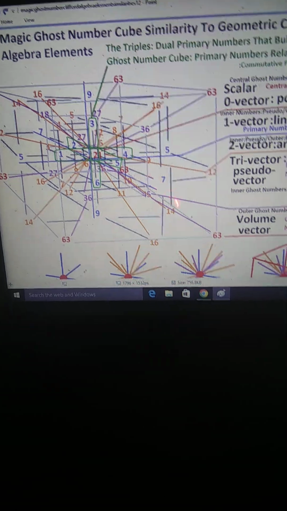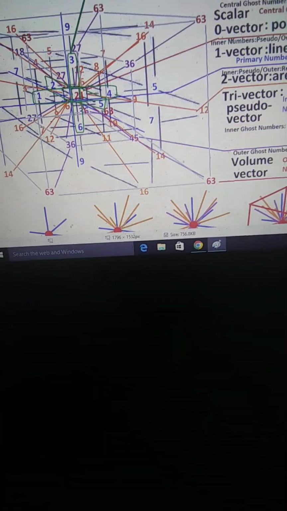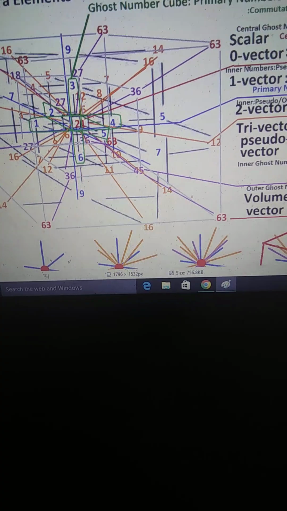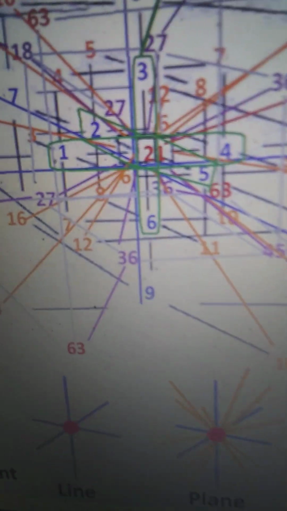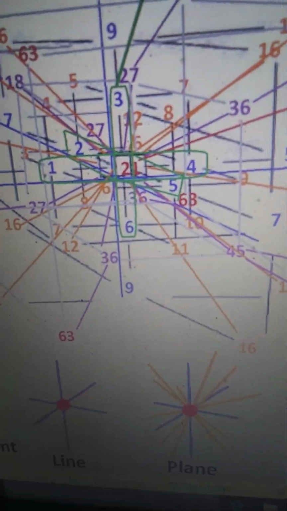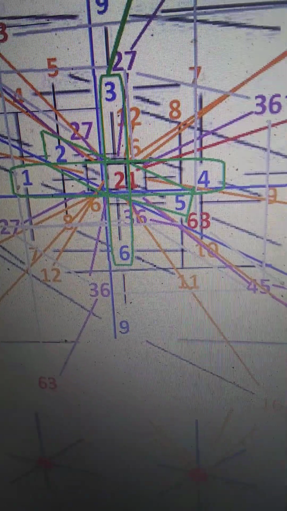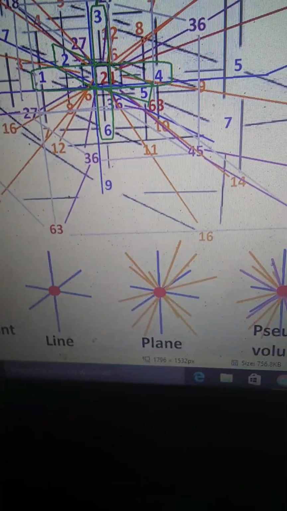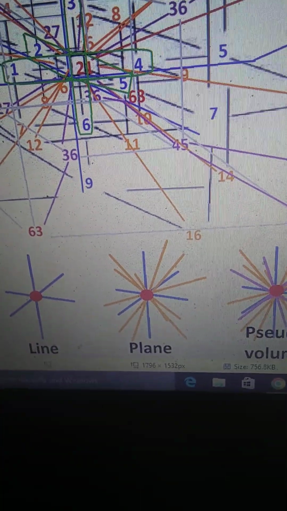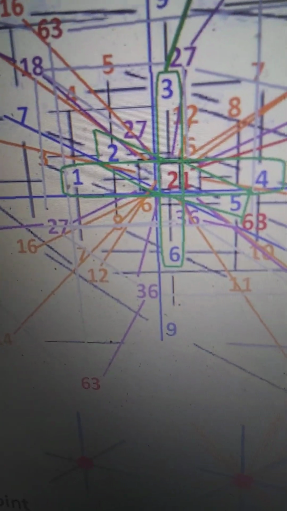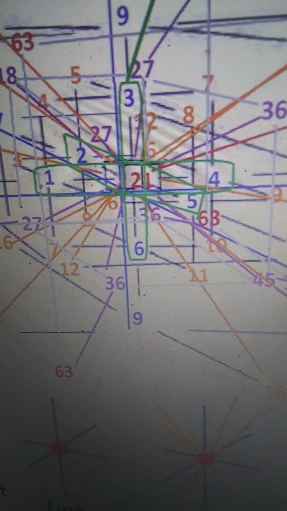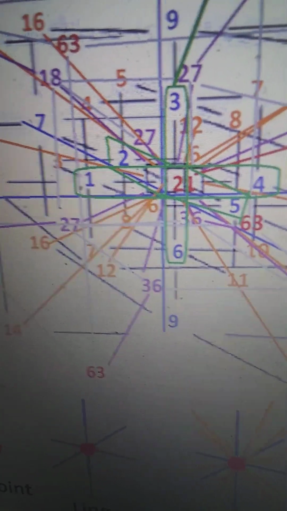And so these are, if I can get this right, the point, which is the central ghost number, the lines, which are the triple pair of primary numbers, so it's circled in green, the planes, the area vectors, the bivectors are the orange, swept out by the orange lines crisscrossing the inner and the outer.